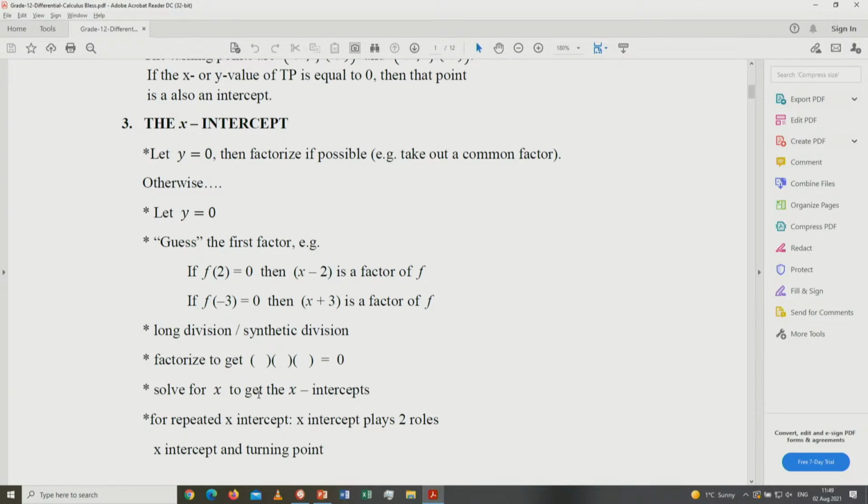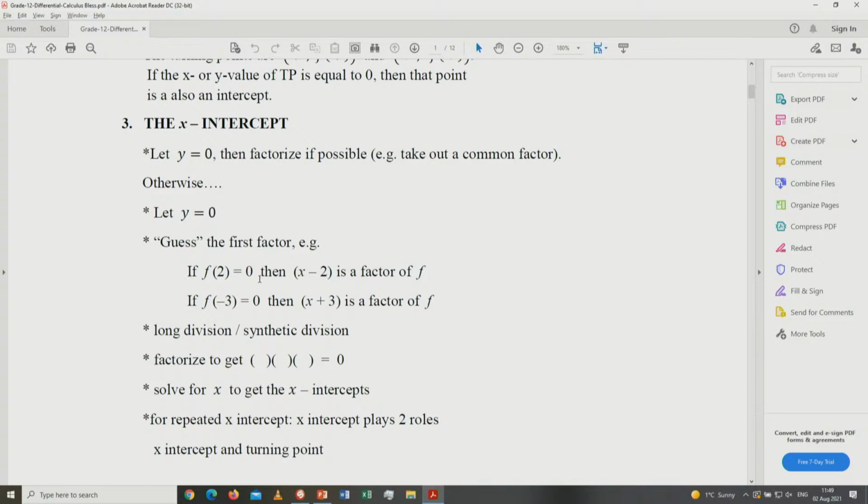Now, that's how we determine the x-intercept of the cubic function. We let y be equal to 0, and then from there you factorize if it's possible. If it cannot be factorized, then we'll have to use the factor theorem to determine the first factor. And then from there, you'll keep on doing trial and error until you get 0 when you substitute into the equation.